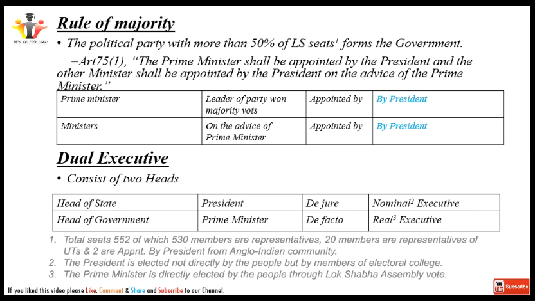So the president is the head of state while the prime minister is the head of government, and Article 75 provides a council of ministers headed by the prime minister to aid and advise the president in the exercise of his functions, and this advice so tendered is binding on the president. The advice given by the prime minister and his ministers is binding on the president.